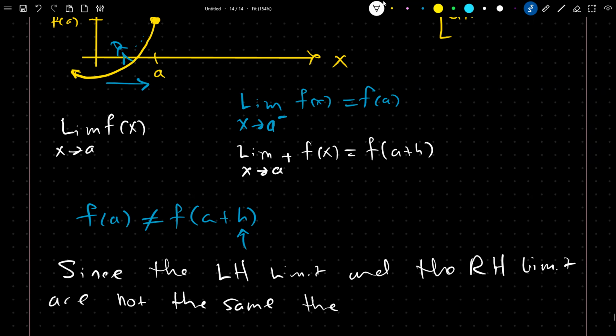Then this limit as x goes to a for f of x does not exist.